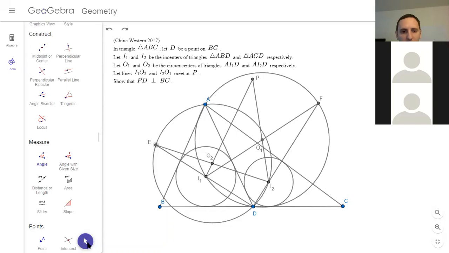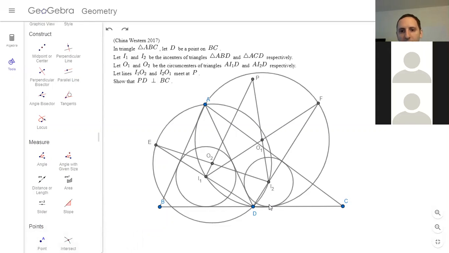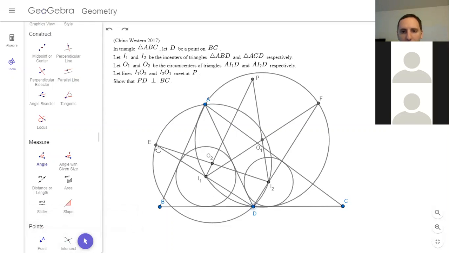Let's see. Maybe it's similar to EBD. I don't think so, but I'm just going to check anyways. 54.1. No, it's not 54.1.